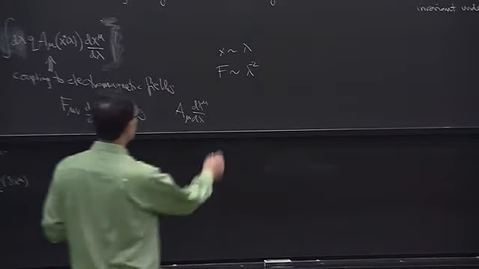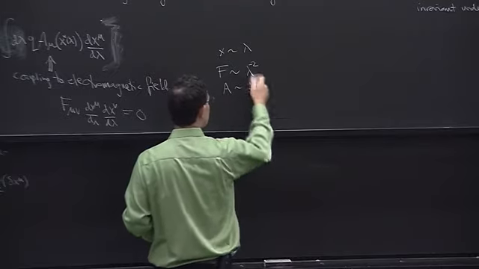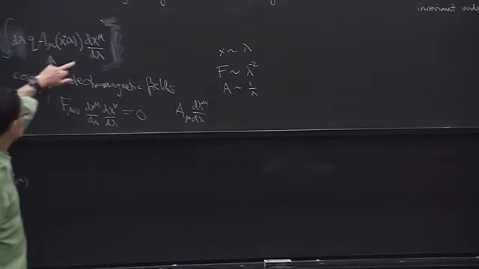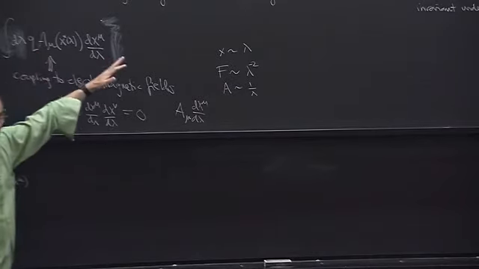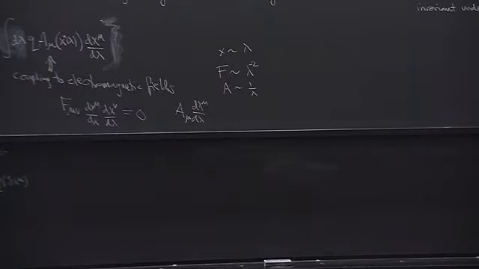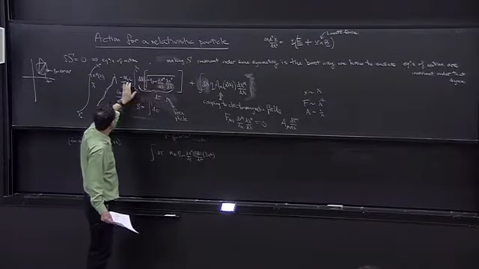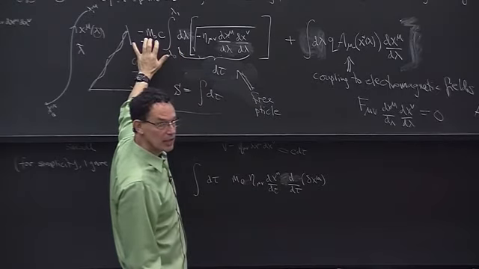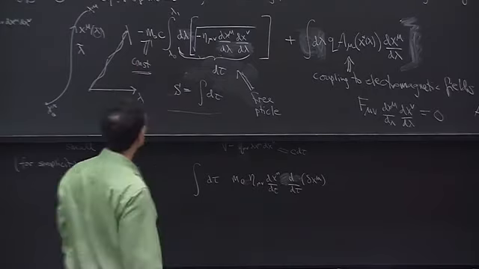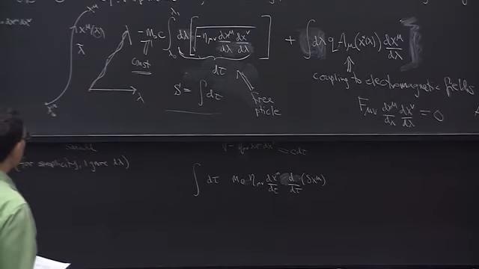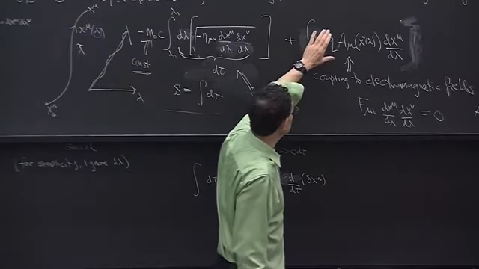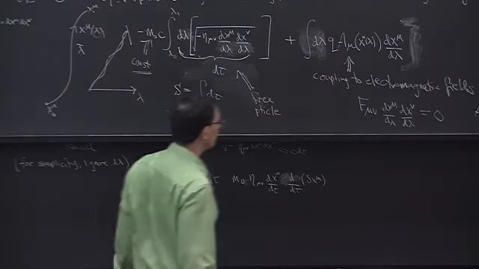A goes like 1 over lambda, because f is a derivative of A. So you see here, this goes like 1 over length, this goes like length, and so this is dimensionless, because q is dimensionless. Here, the square root, c d tau, is a length. So I need something to cancel the dimensions of length, and essentially the mass is what cancels the length. In other words, you need a dimensionful constant here, but a dimensionless constant here.